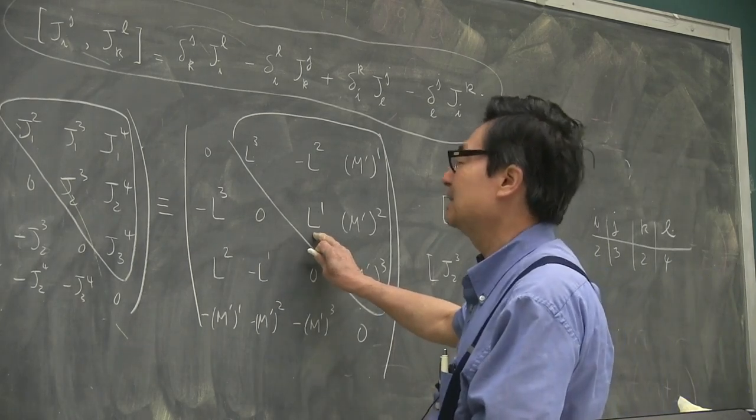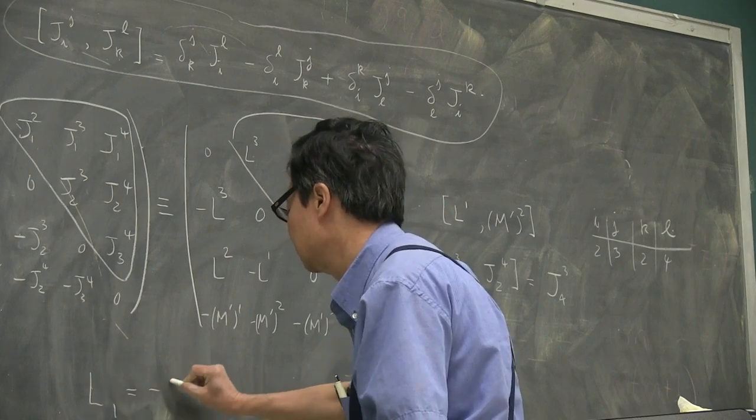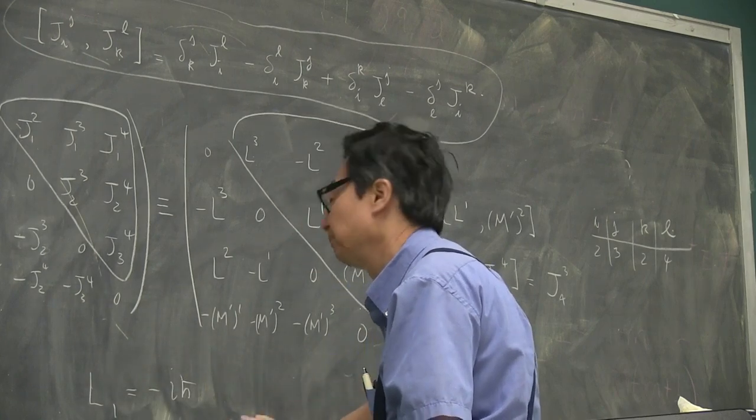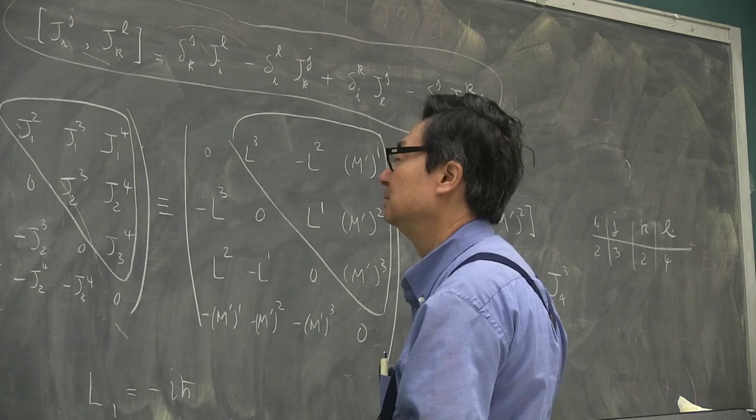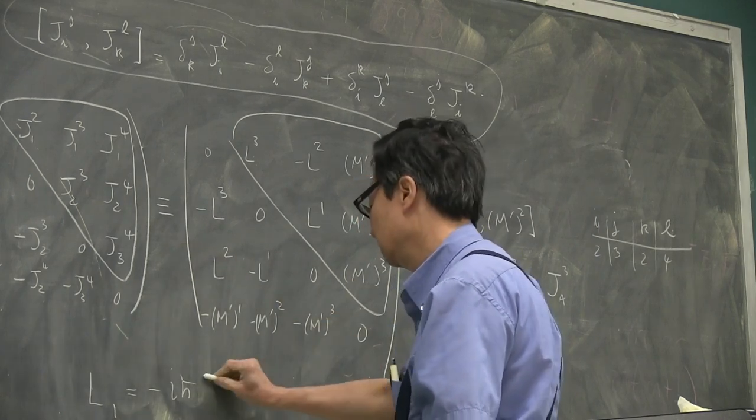L1 is equal to minus IH bar, according to this way. L1 is equal to minus IH bar J12, J23, right?